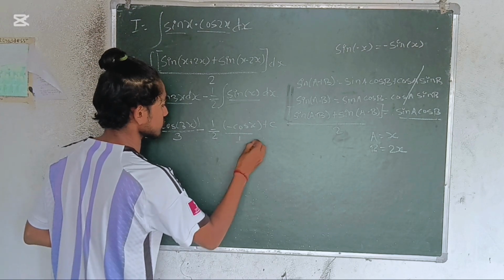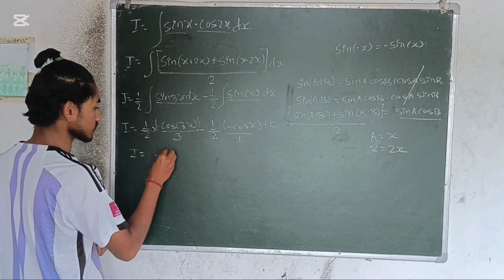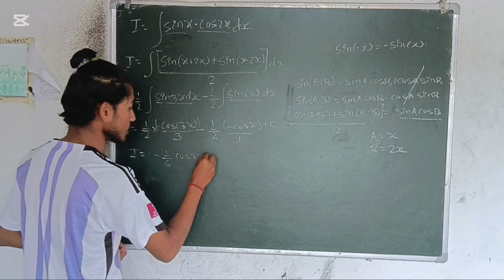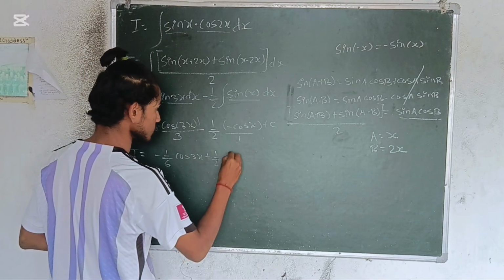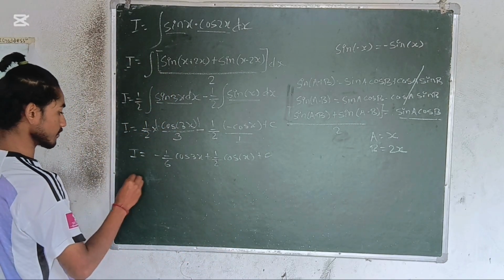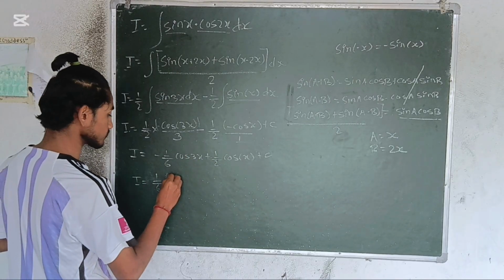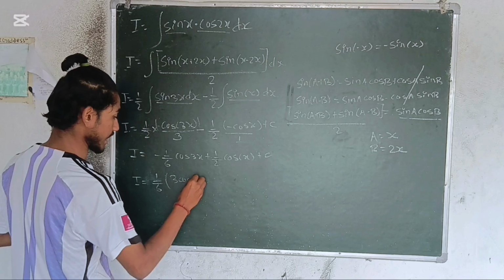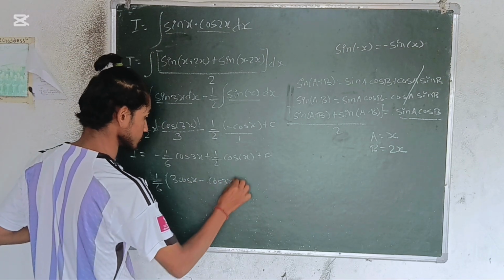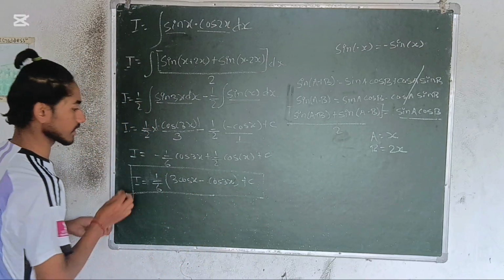You will get minus 1 by 6 cosine of 3x plus 1 by 2 cos of x, with some constant c. Now if you take 6 common, you can write it as 1 over 6 times 3 cos x minus cosine of 3x, plus c. So this would be our final integral.